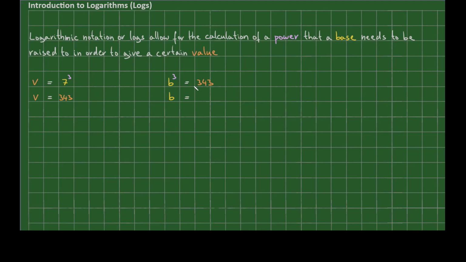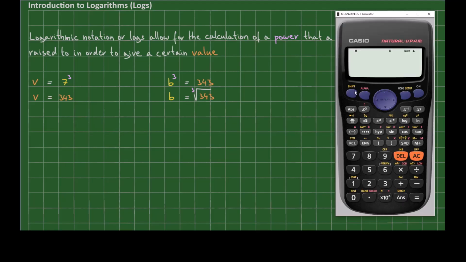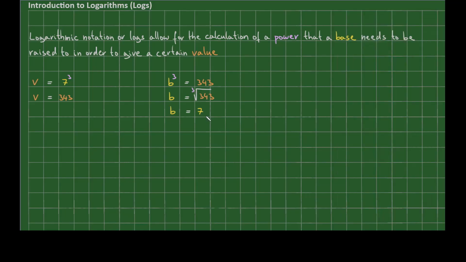And recall that if we want to transpose powers, we need to use radicals. To transpose a third power, I need to employ a third radical. According to my calculator, the third radical of the value 343 is 7.